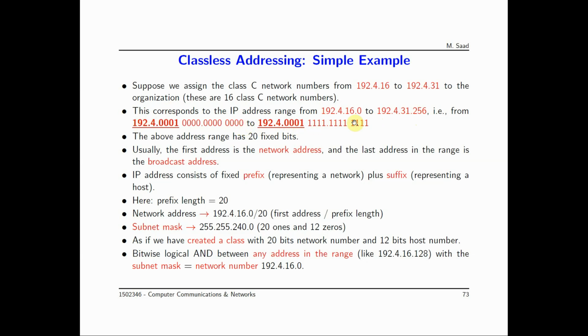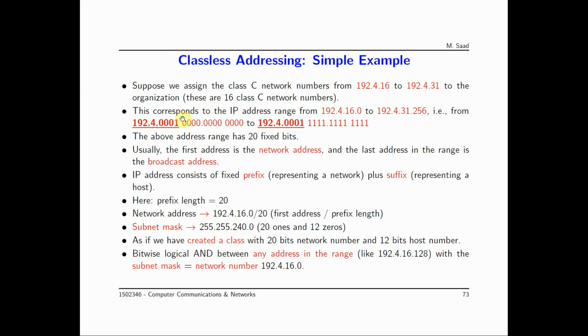Let's have a look here. How many fixed bits do we have in the first address in the range and the last address in the range, and then obviously in all addresses in that range between this address and that address? How many fixed bits do we have? 192 is fixed as a decimal, and 4 is fixed as a decimal, so these are 16 bits.